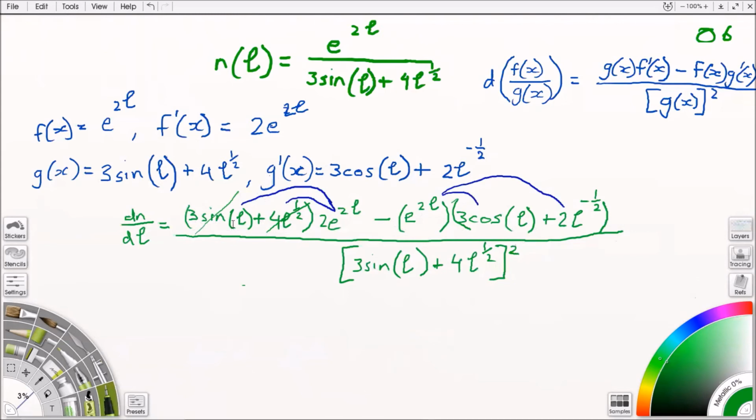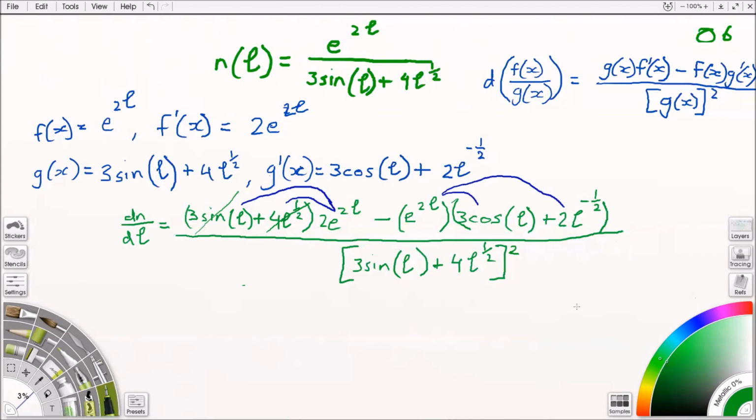I'm going to alt tab between the pages here, so we have E. Yep. 3 sine L plus 4 to the square root of L, which is what we got, minus 3 cos L plus 2, yep, plus 2L negative half e to the 2L 3 sine L. Or L, which they just turned into a square root.